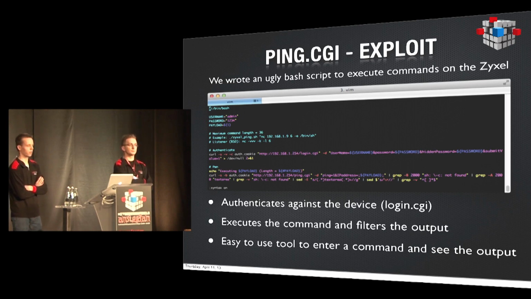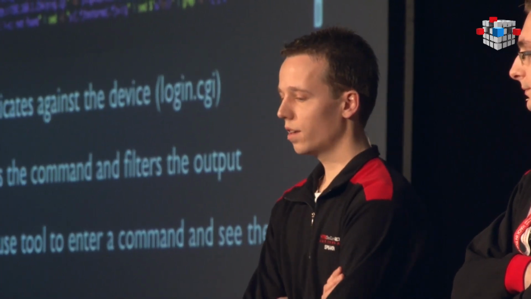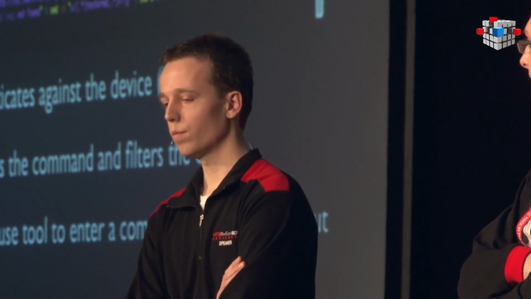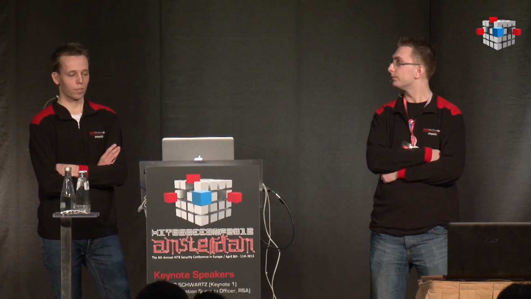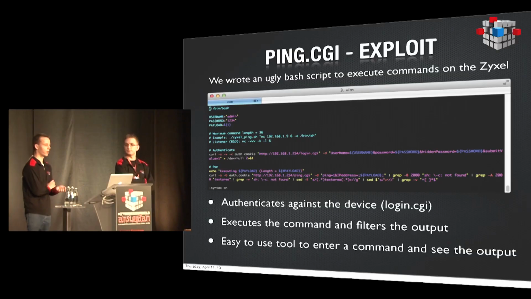Curl provides this functionality, cookie jar, and then in the second request, we send this cookie, and we also send the command we would like to execute. So this way, we have an easy-to-use tool to execute a command from our shell on the modem. So we don't have to use our web browser, navigate to the diagnostic page, enter a semicolon, then the command, and then, yeah, it's way more complicated. So this way we can just use our shell.